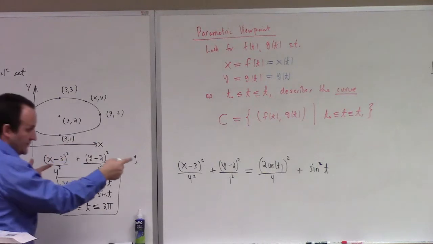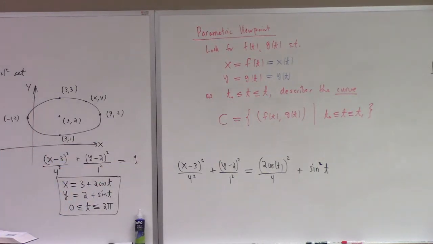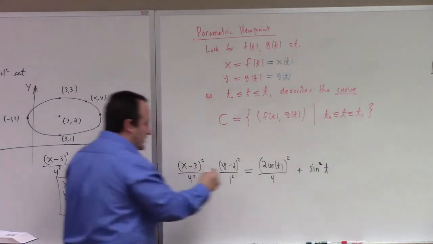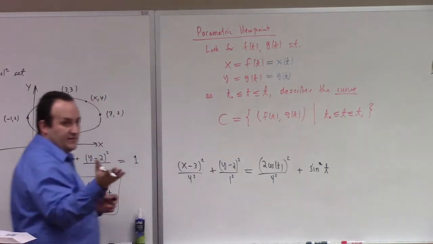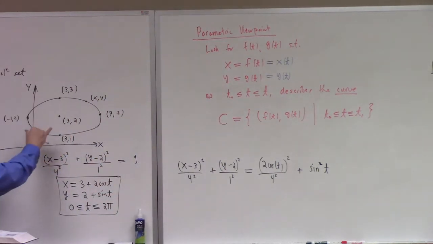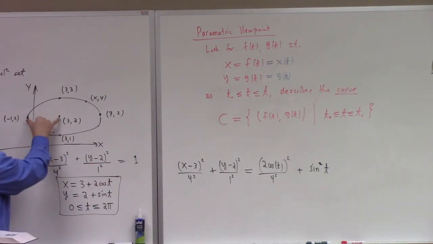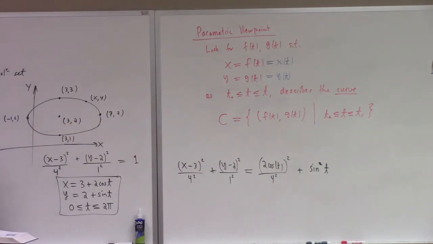But the other one in its current form is going to give me cosine squared over 4, and that's a 4 squared, right? So I need to do something to fix that. And I think Josh was right about there being a 4 in the equation because this is distance 4. I think he's right. That's supposed to be 4 squared there. So what's wrong here in my parameterization? My parameterization is not working. We're seeing that. We didn't get back 1.